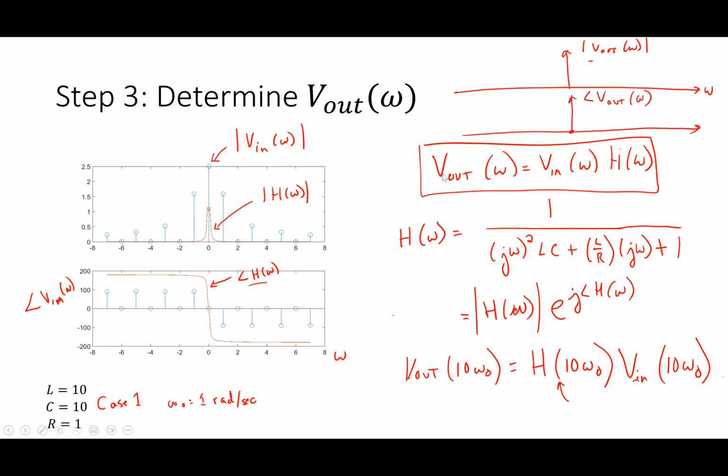Well, that means that the magnitude of V out. So first of all, if V out of omega equals V in of omega times H of omega, those are complex numbers, right? So the magnitude of V out would be equal to what? If I have this relationship here, V out equals V in times H, what do we know about the magnitudes of all three of those?